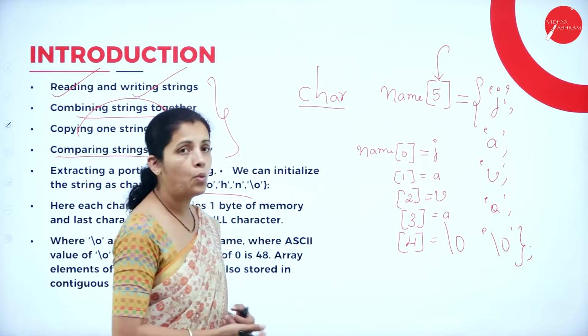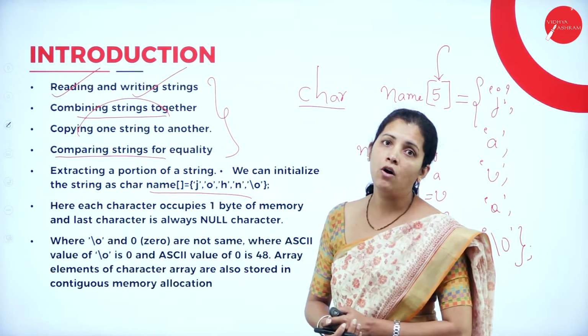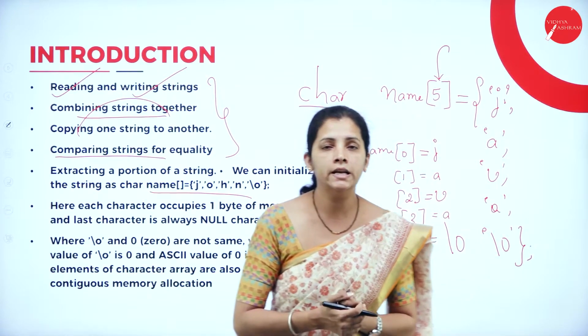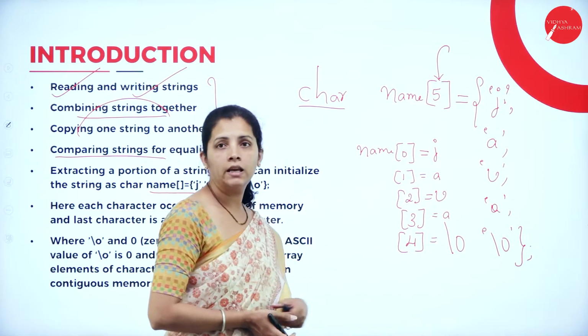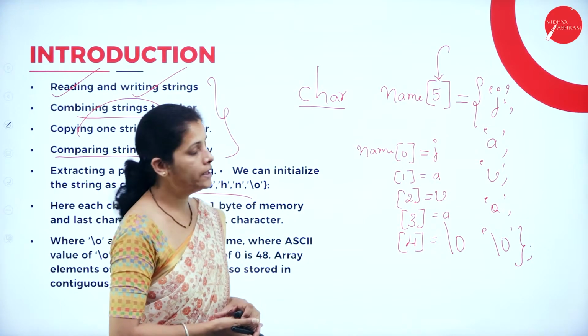So here, what is a string? A string is nothing but an array of characters, and it must be terminated by the null character. That means I'm going to place the null character at the end.